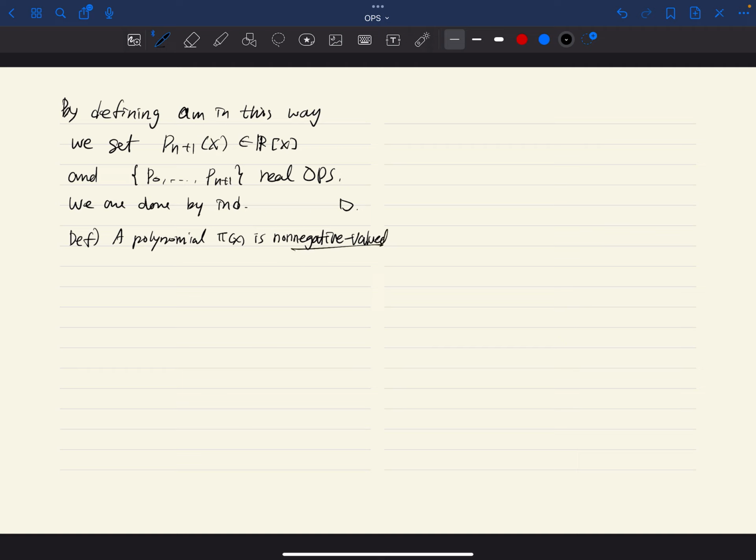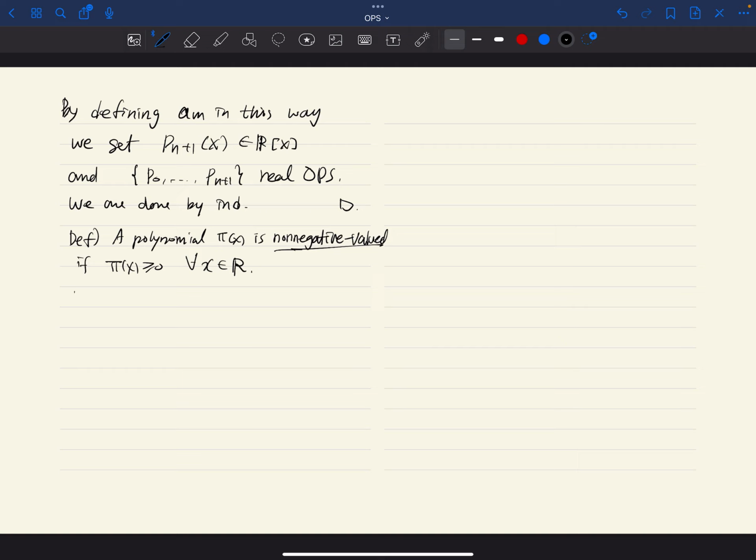So the name really explains it all. A non-negative valued polynomial is basically a polynomial whose value is real and non-negative for every x.